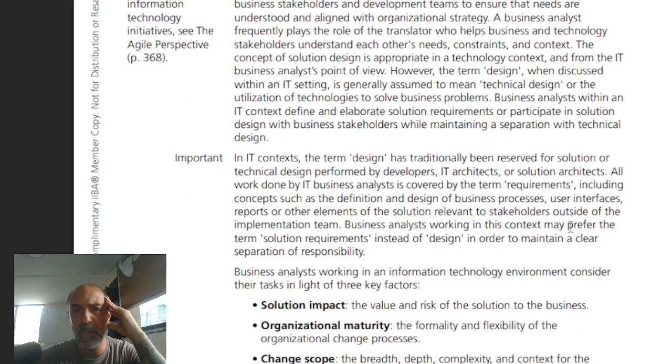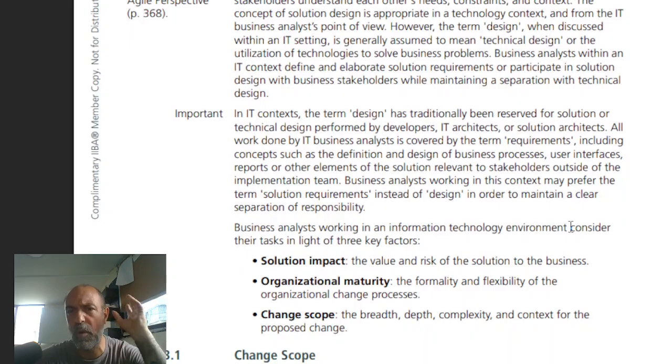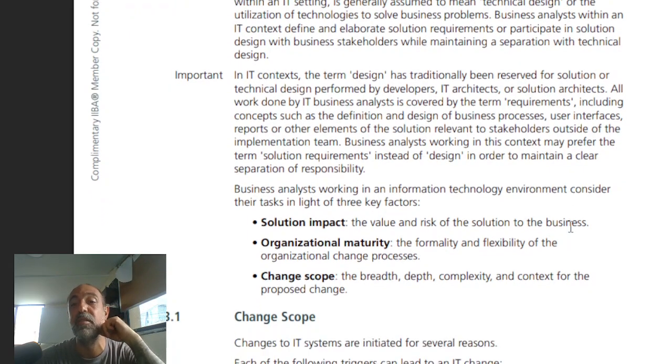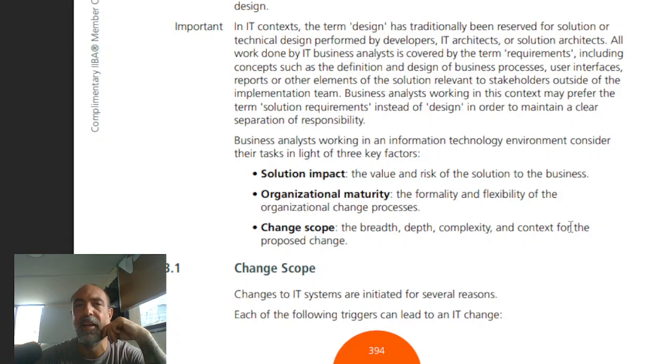The concept of solution design is appropriate in a technology context, and from the IT business analyst's point of view, however, the term design when discussed in an IT setting is generally assumed to mean technical design or utilization of technologies to solve problems. Business analysts within an IT context define the elaborate solution requirements or participate in solution design when business stakeholders and maintaining separation with technical design. Again, what they're doing is relating information back and forth in order to get a clearer image.